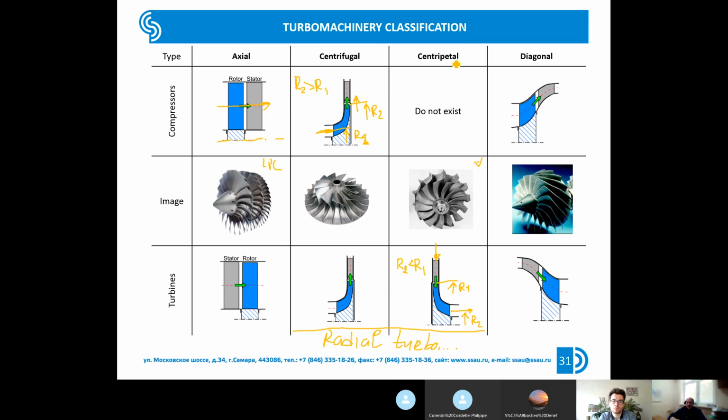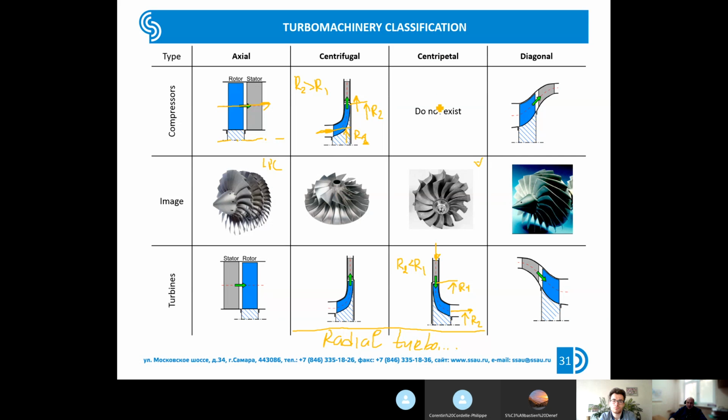In future, using some equations, I will try to explain that such compressors do not provide a high pressure ratio. That's why they are not used. I have never seen a centripetal compressor, only in a picture, only in a scheme.